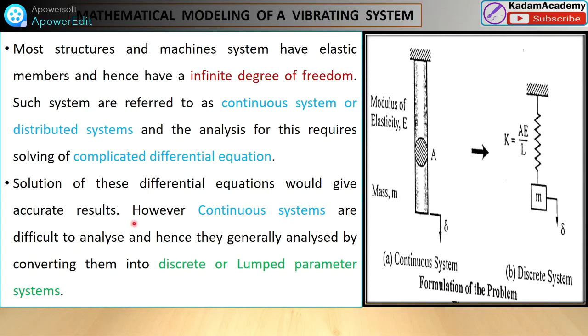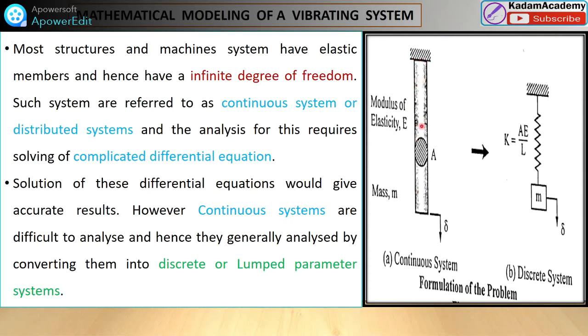However, continuous systems are difficult to analyze, and hence they are generally analyzed by converting them into discrete or lump parameters. In simple language, दोस्तों मैं आपको बताता हूँ, this continuous system means what? The infinite degree of freedom. Suppose this is one part of that system.